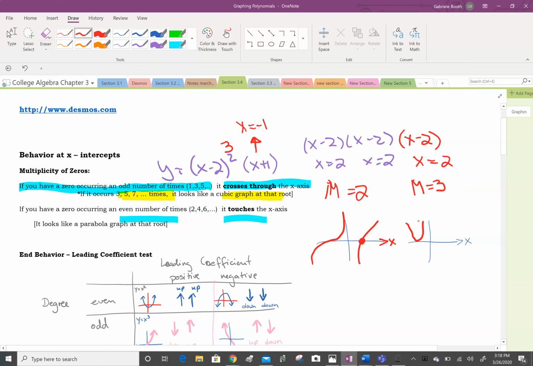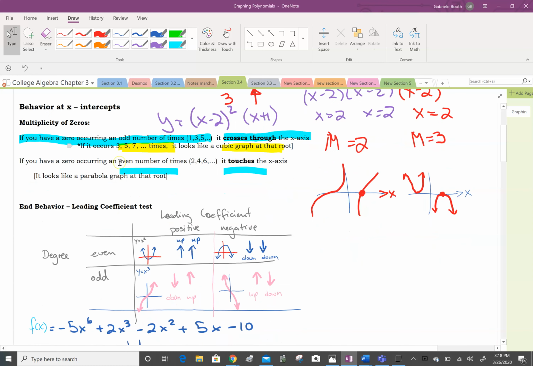So again, if the multiplicity is an even number, the graph touches the x-axis. It looks like a parabola graph. It could either, what I call, touch up when the parabola opens up, or touch down if the parabola opens down. So when we start graphing polynomials, we want to look at the multiplicities.